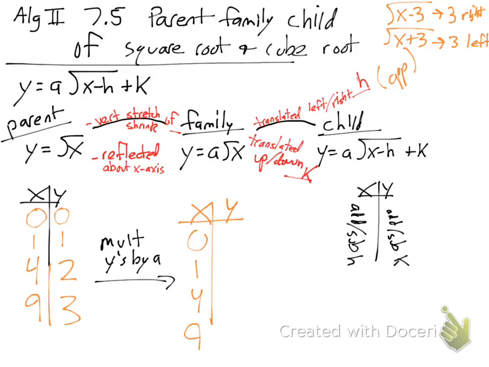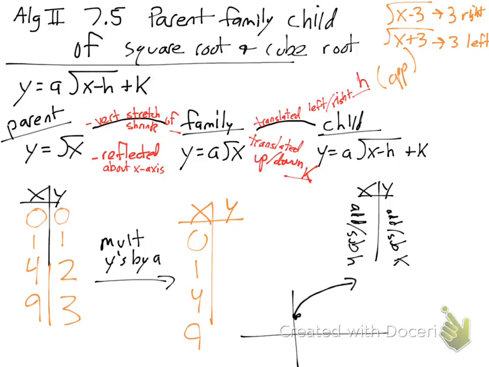So the whole goal is to get to this t-chart. And here's the cool thing. Square root graphs, I'll put it on the bottom, look like this. This is a parent graph. It originates at the origin and moves up. That's for this one. All I'm going to do is pick that graph up. I'll try my best here to lasso it around. Okay?